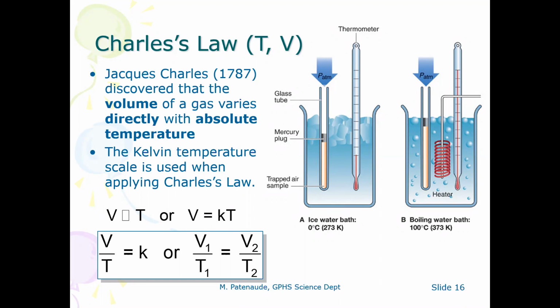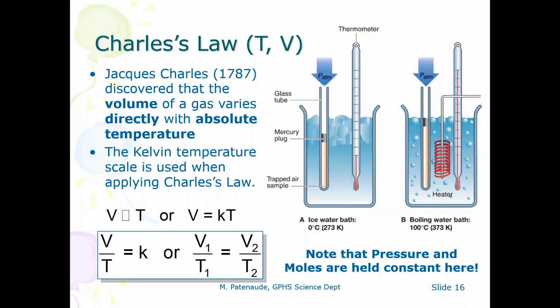Or V equals KT. To change the proportion to an equation, you just put a constant in. And that led us to V over T is constant, or V1 over T1 equals V2 over T2. And for this to be true, pressure and the amount of gas have to be held constant. Pressure and moles have to be held constant.